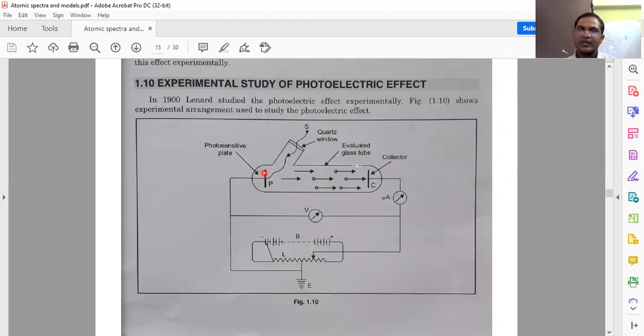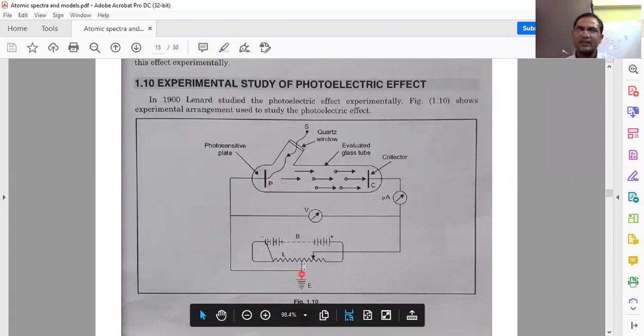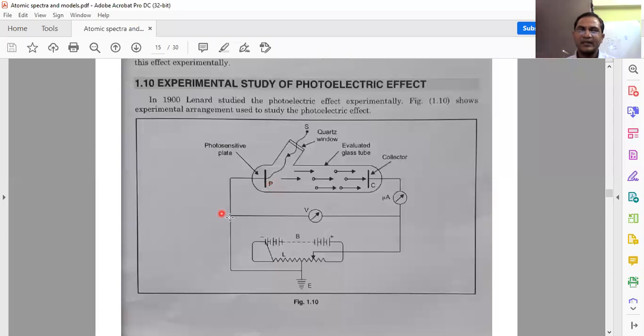It consists of two electrodes, P and C. P is the cathode, and C is also called the collector or anode. P is connected to the high tension battery, and C is also connected to the high tension battery through a microammeter, between cathode and anode.